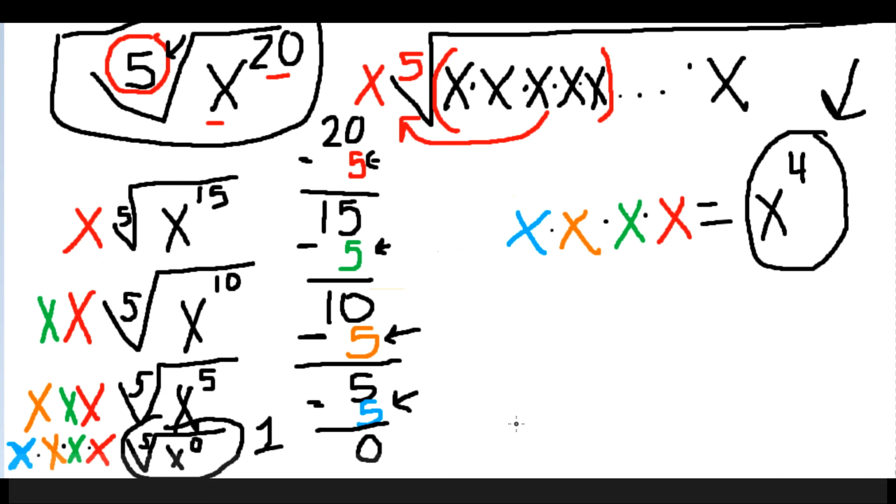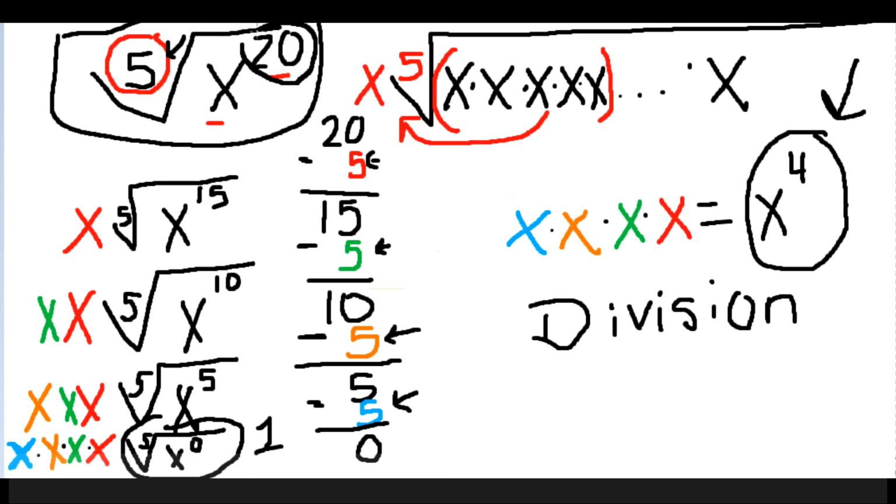Well, guys, what is repeated subtraction? I almost just said it. When you subtract, what operation is that? Guys, that's division, right? Repeated addition is multiplication. Repeated subtraction is division. We did division. So there is this link between your exponent on the inside and your exponent on the outside.